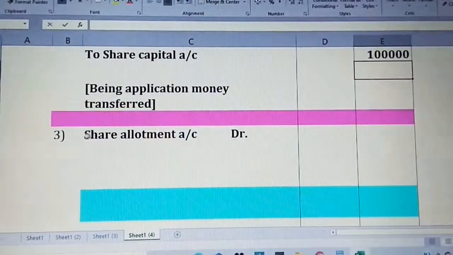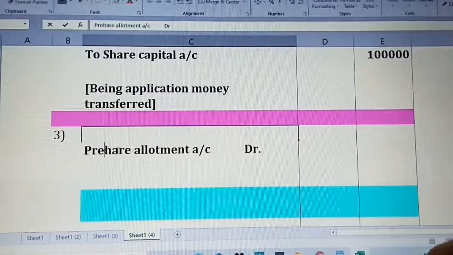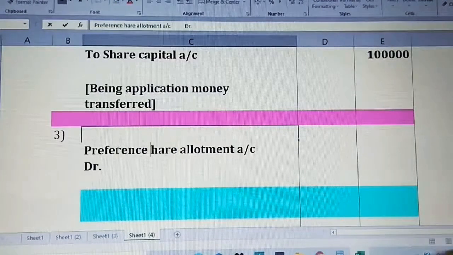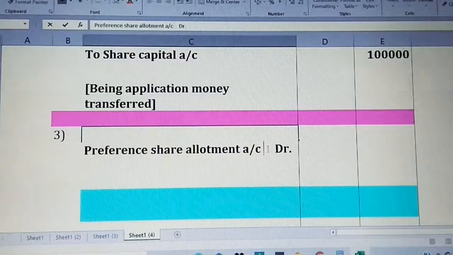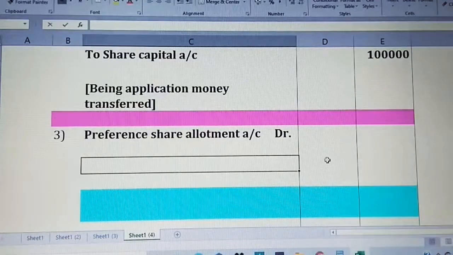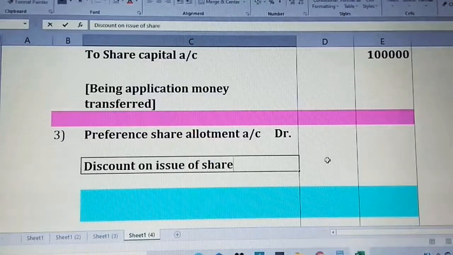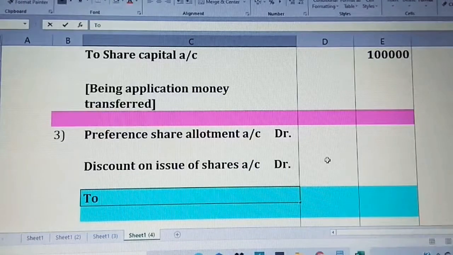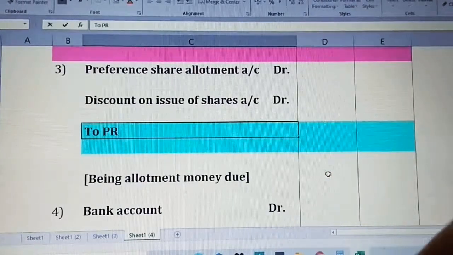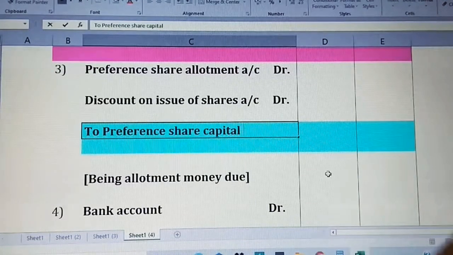It's going to be preference share allotment account debit, discount on issue of shares account debit, to preference share capital account.